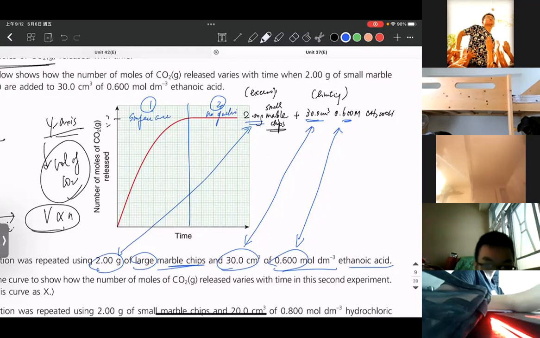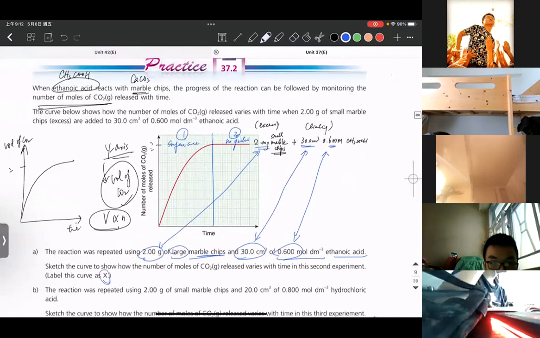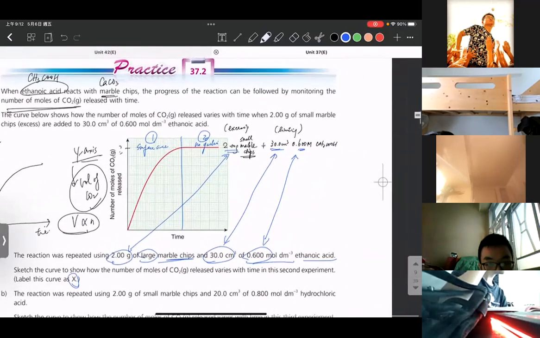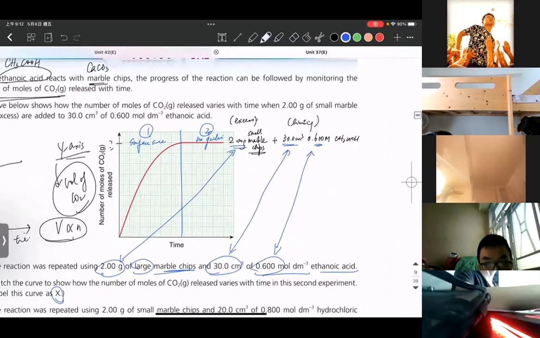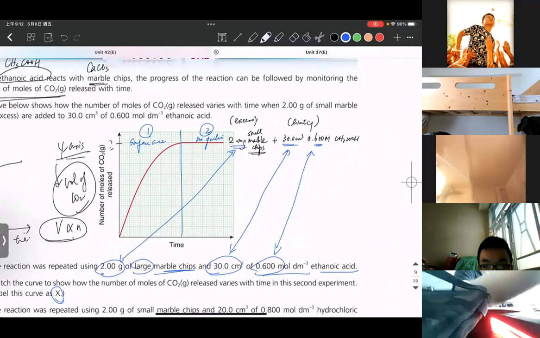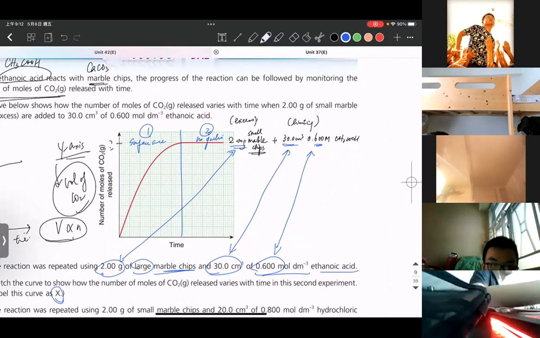In this case, what will the shape be like if I show it as the curve X? A steeper curve or the less steep curve? Is it steeper or less steep or the same?